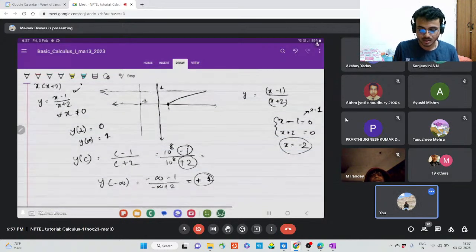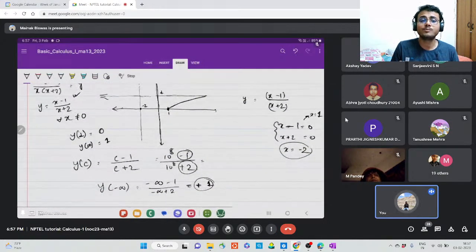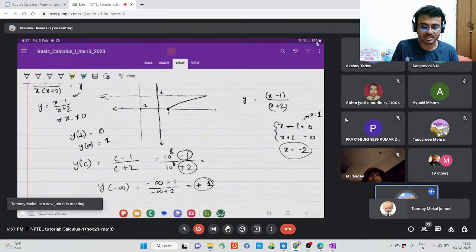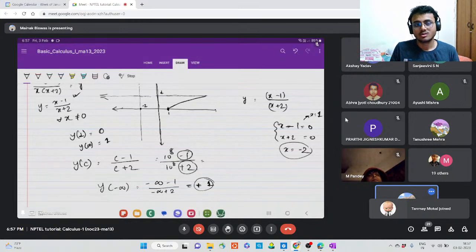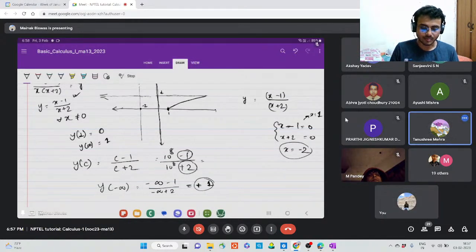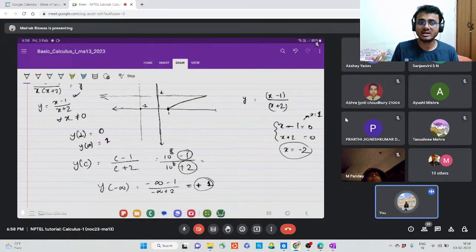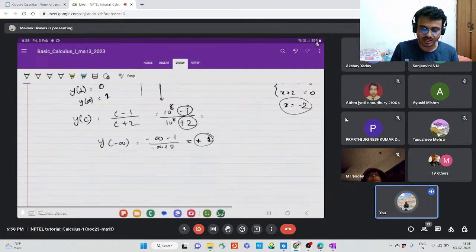Let's figure out. How will we figure out? By looking at the point. Can anyone tell me which point is the important point we need to look at? We have minus 2 and 1. 1 we have already looked at, right? So minus 2.